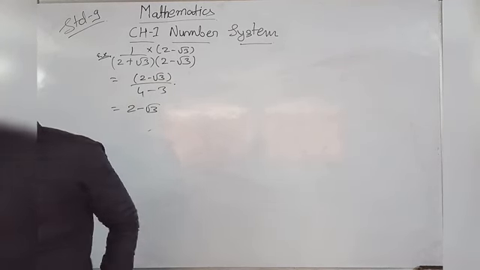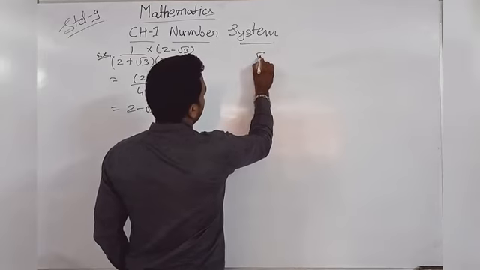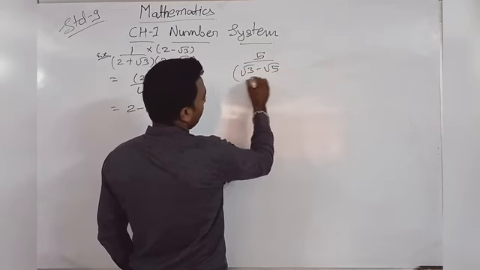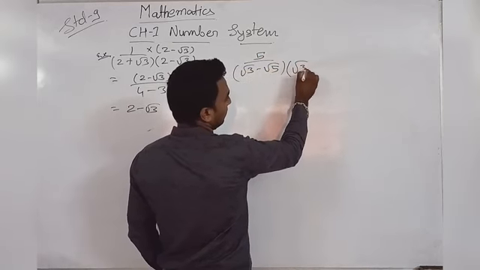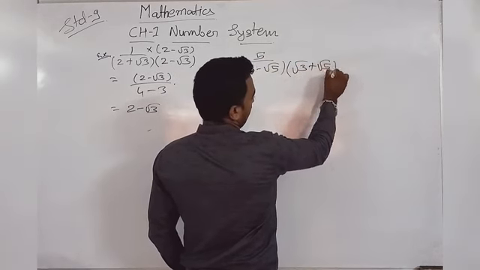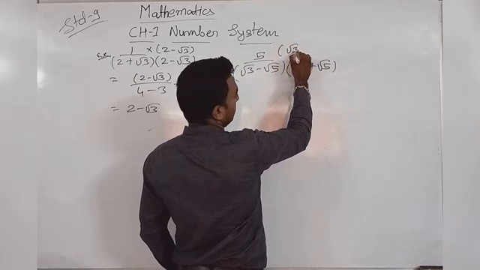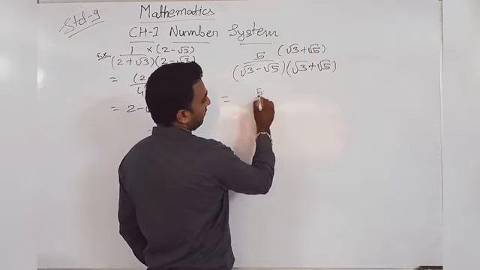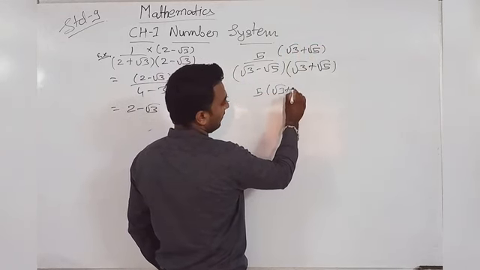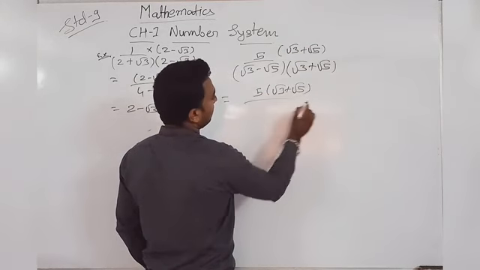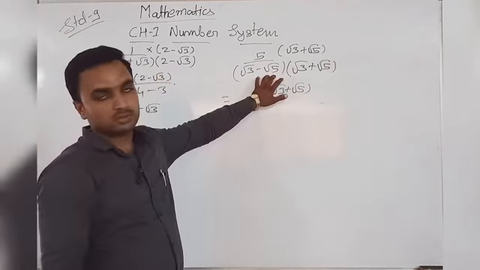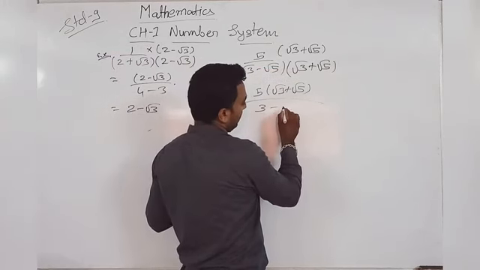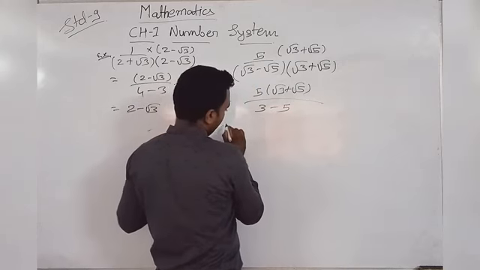Then 5 upon root 3 minus root 5. Then again multiply with the plus number. So here 5 times root 3 plus root 5, and in the denominator root 3 minus root 5, so a minus b, a plus b. So root 3 square, that is 3, minus b square, that is 5.